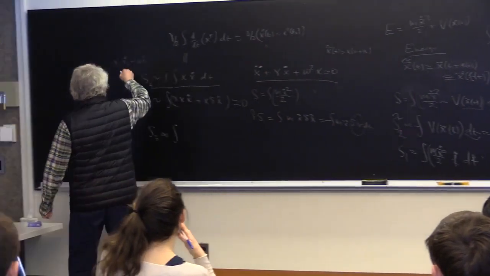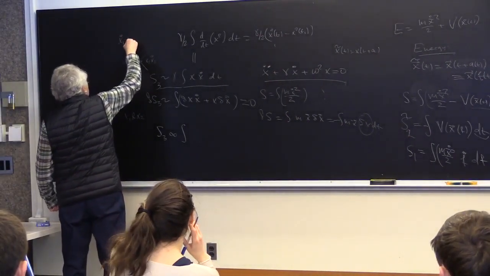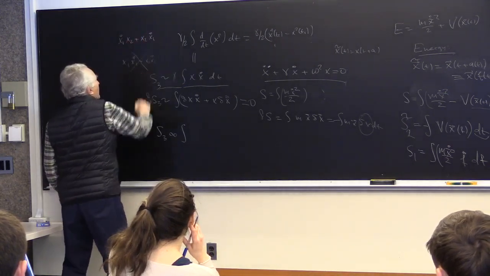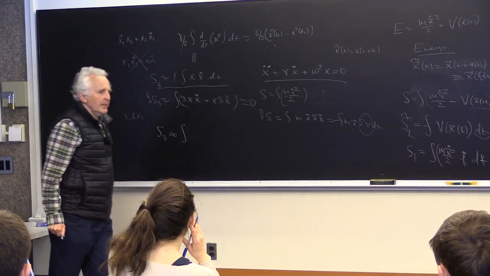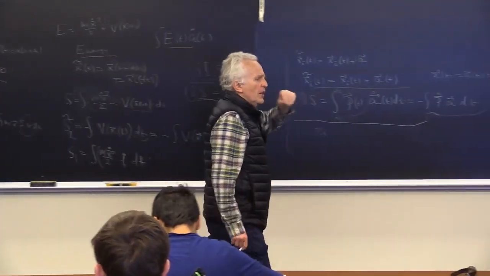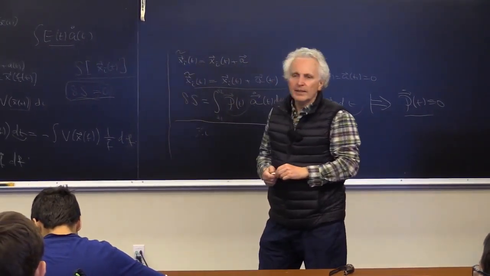So this is useless stuff. How about this? What do you think? Is it useful or useless? By useful, I mean, does it generate equations of motion or does it not?